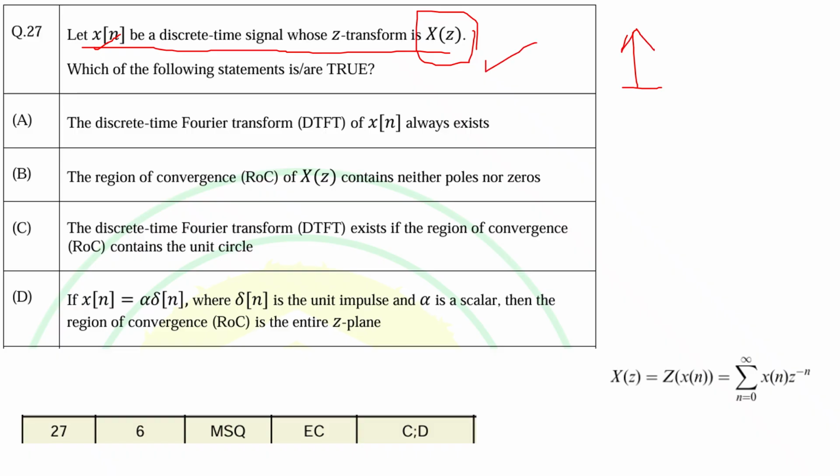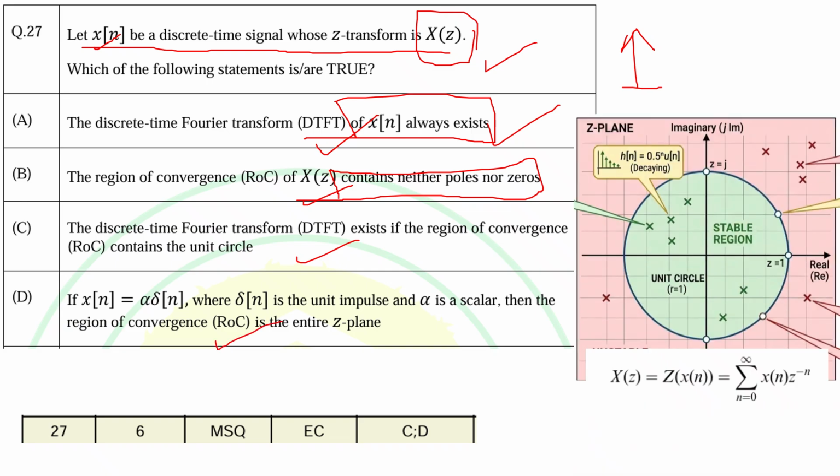Now they are asking whether the discrete time Fourier transform, that is the DTFT of x[n], always exists, and whether the ROC for X(z) contains neither pole nor zero. So the first option is related to the DTFT, the second is related to the ROC, the region of convergence, the third is also related to the region of convergence, and the fourth one is one of the important results. So let's see the solutions.